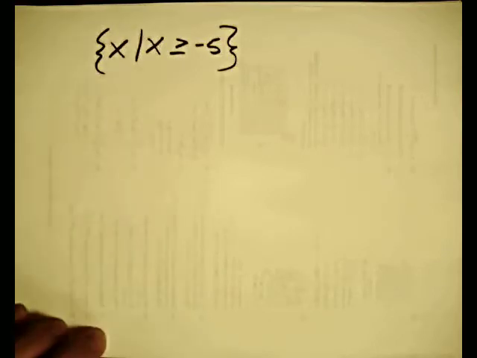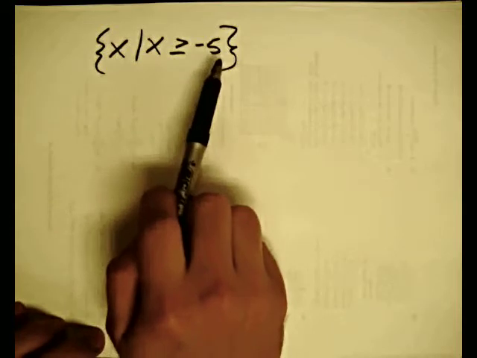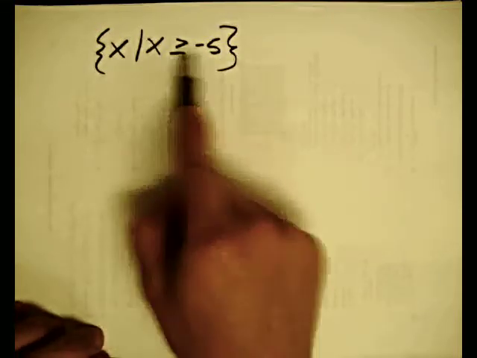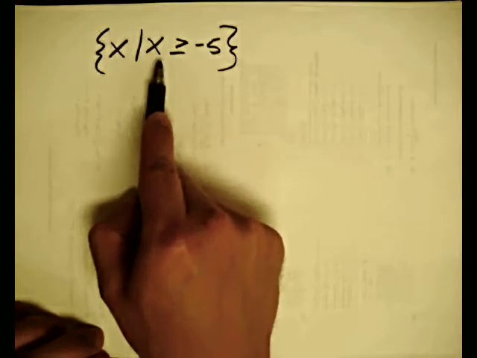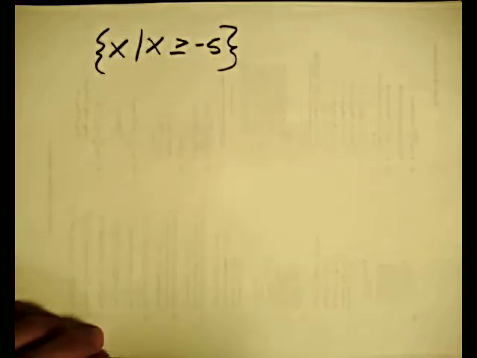To write that in interval notation, we need to first identify, is there a smallest value that x can be, and is there a largest value x can be? Well, this one says x has to be greater than or equal to -5. So -5 is the smallest possible value for x, and x just has to be greater than that. So there is no largest value that x can equal, just anything larger than -5.